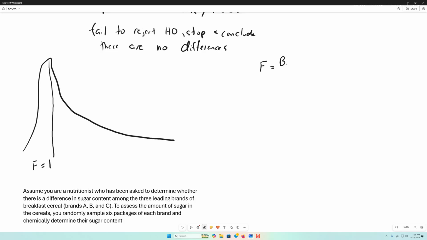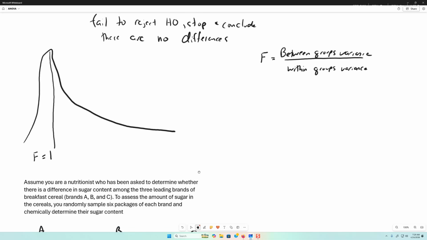It's the between groups variance and it's the within groups variance. The between groups variance is just what it sounds like. How different are the groups? So we have 3 groups here, A, B, and C, right?